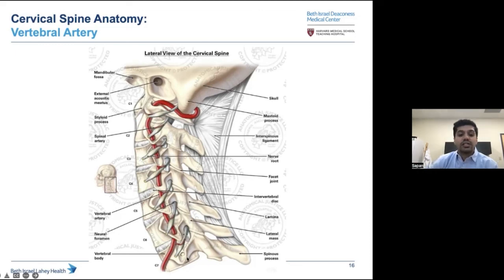It usually does not enter the spine at C7, though certainly there can be variations, and when looking at advanced imaging of the cervical spine, identifying the course of the vertebral artery in that patient is important. One, to identify any injuries to the vertebral artery, but two, certainly if surgical intervention or some sort of treatment is being planned.